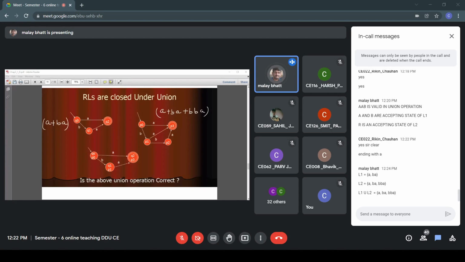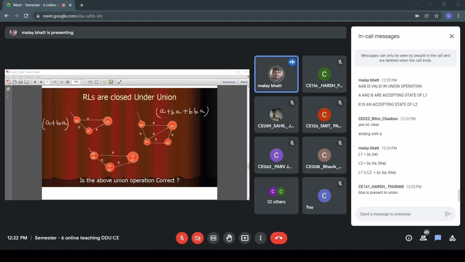For intersection, it will work. Why is it working for intersection? The reason is that intersection takes common elements of both the languages, while a union operation includes all the valid strings of both the languages. So first we have to modify the diagram.